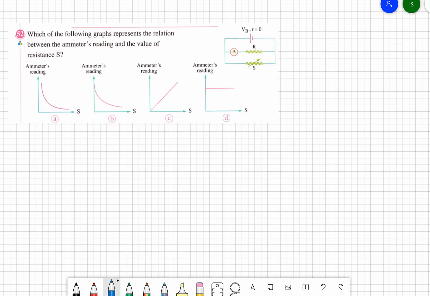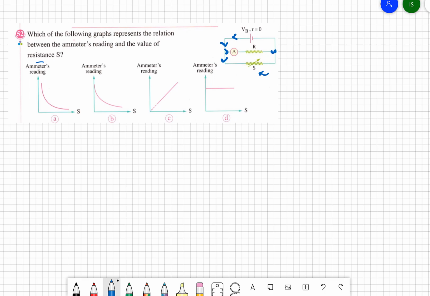Which of the following graphs represents the relation between the ammeter's reading and the value of resistance S? Okay guys, here is the rheostat, right? And the ammeter he spoke about is here, so the current is moving there and divides.